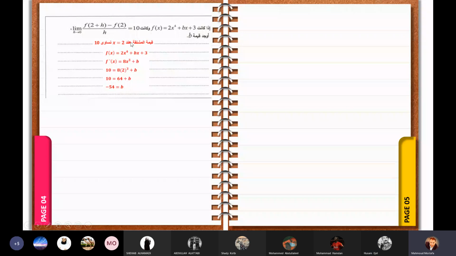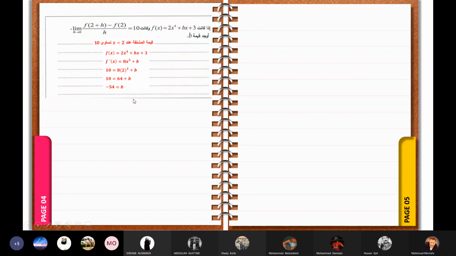Here, it is very famous that f of 2 plus h minus f of 2 over h means the derivative, at x equal 2. So I find the derivative and substitute x equal 2, after which I can find b.